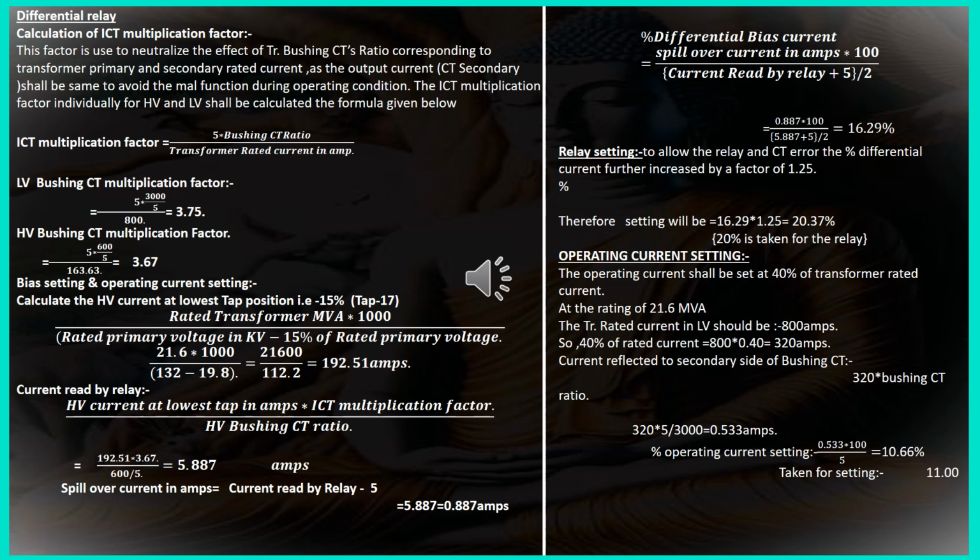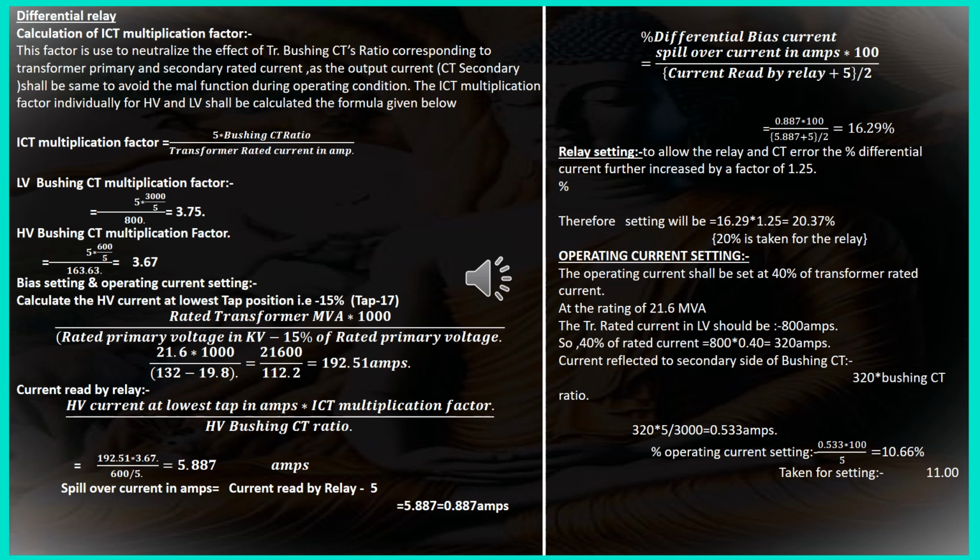So 40% of rated current, 800 into 0.4, is equal to 320 amperes. Current reflected to the secondary side of bushing CT is 320 into 5 by 3000, which is equal to 0.533. Percentage operating current setting is 0.533 into 100 by 5, which is equal to 10.66%. Taken for setting as 11.